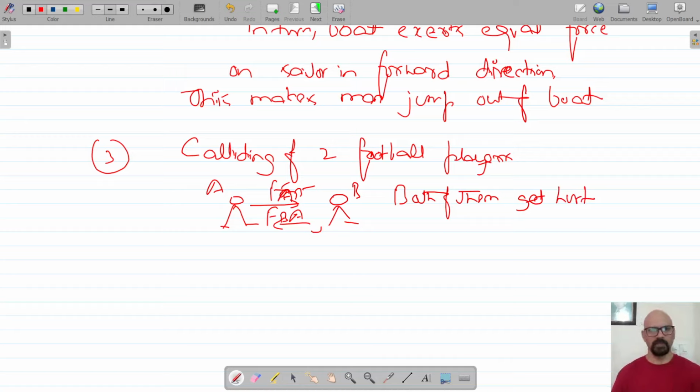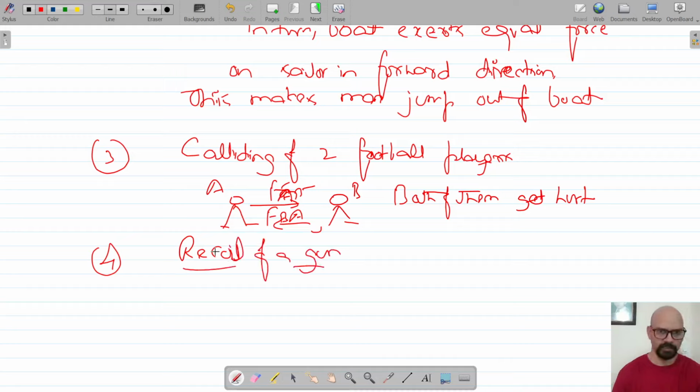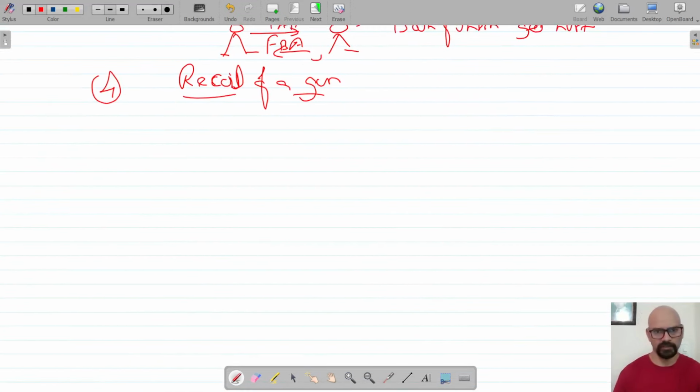Okay. Again, the most important one is the recoil of a gun. You might have seen that whenever we fire a bullet from a gun, it pushes us back, and these forces are equal and opposite.